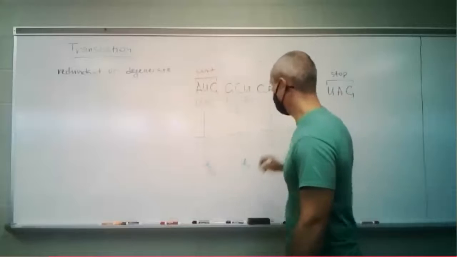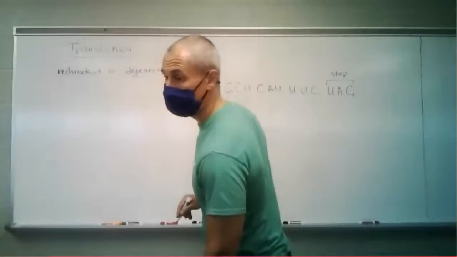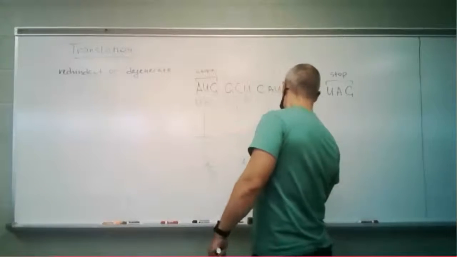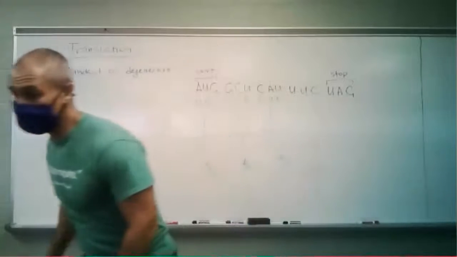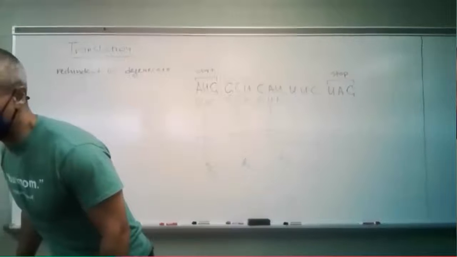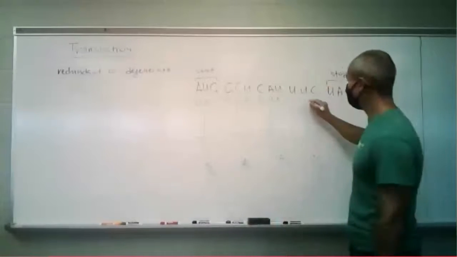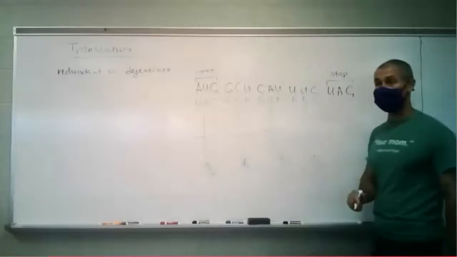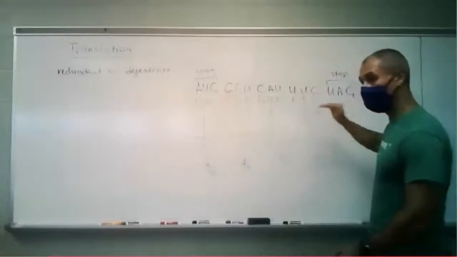And here it will be GUA. Cysteine, and here it's going to do what? That makes sense? So this is how these tRNAs know where to go.